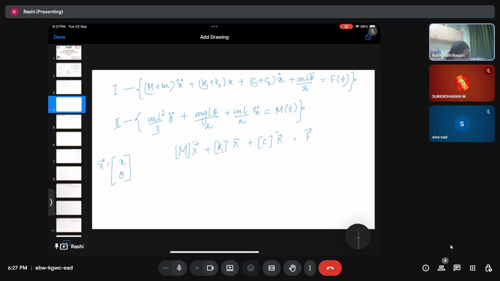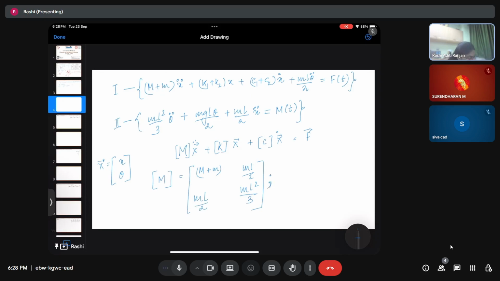Okay, so my matrix M is going to be capital M plus small m, 0, 0, ml square by 3. No, but we have theta double dot components, so it won't be 0. This is a coupled equation. We'll have ml by 2 over here also. So this is the mass matrix.